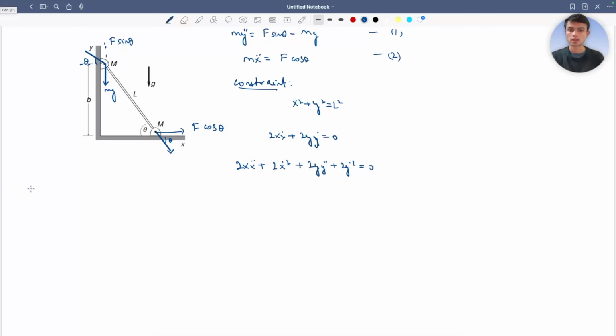Since I am calculating my acceleration at t equal to 0, my velocity in the x direction and my velocity in the y direction are both equal to 0, right? So I can cancel out these two terms, and I'm left with 2x double dot plus 2y double dot equals 0.